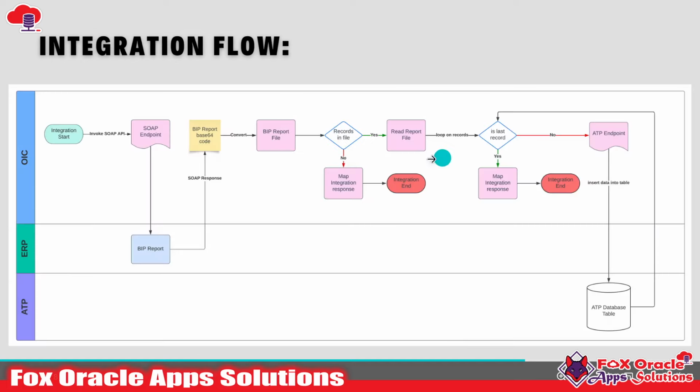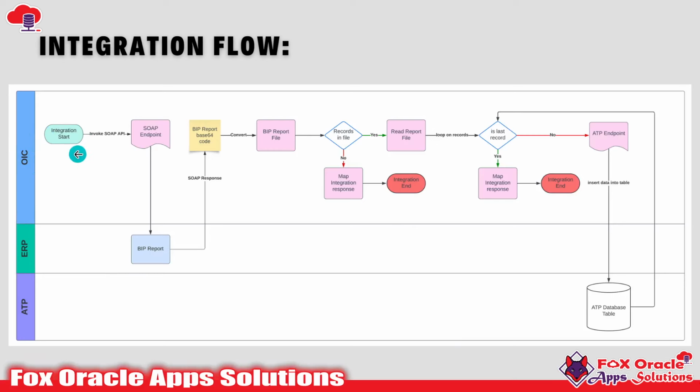So the same, I created as a flow chart. You can see it will start from OIC. Integration will be started. It will invoke the SOAP endpoint. The SOAP endpoint will invoke the BIP report, get the data, and return the BIP report data as base64 code to OIC. After that, that base64 code will be converted into the report file. And if we have data in the BIP report file, then only we are going to read the data.